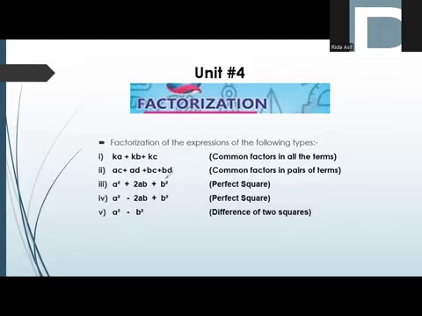If we are unable to find a common factor in the pairs, we have to check whether we are having two perfect squares with the 2ab term. If there is no 2ab term, and there is only the minus sign with the two squares, then we have to move on to this formula of difference of two squares. Right?